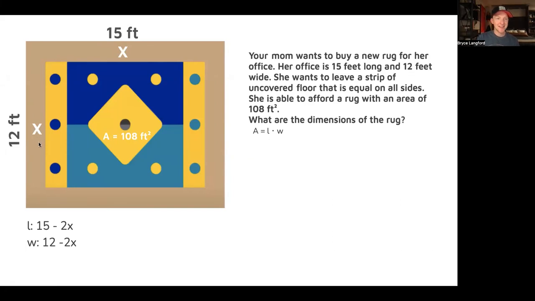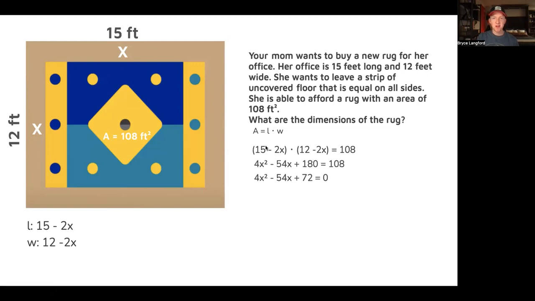And because there's x on all sides, the length is 15 minus these two sides, the 2x. And then same with the width. The width is 12 minus 2x. Right, that's how we got those. And so we'll plug that into our equation of the length times the width. And we know the area is 108. Well, that's what we want.